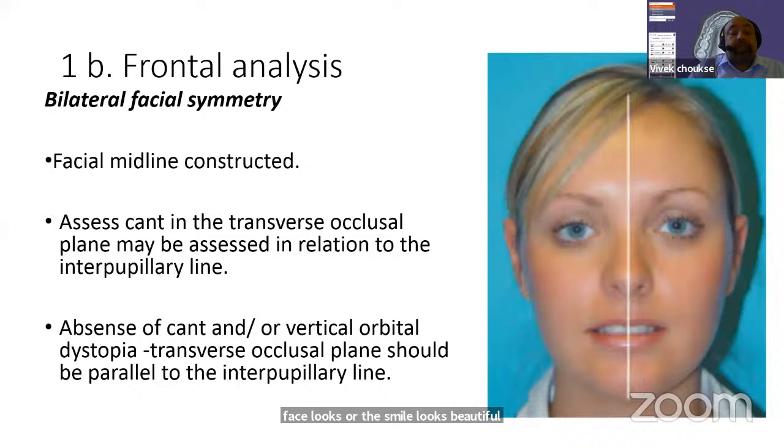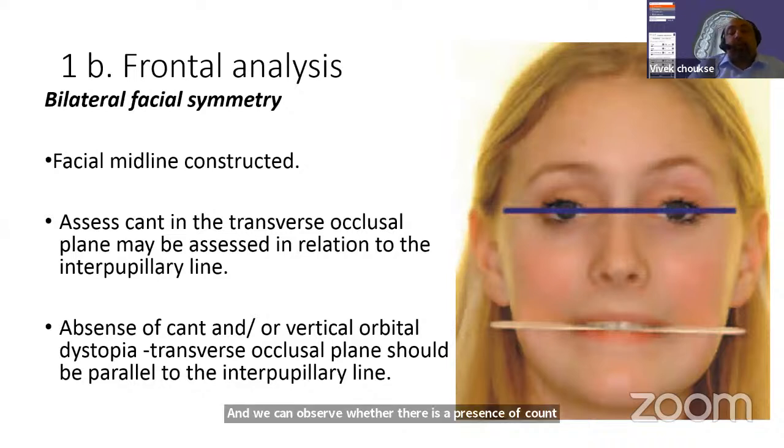We should also look at bilateral facial symmetry. Marking the midline, we can observe the facial symmetry, and once we mark the facial midline, we can also mark the occlusal plane and the interpupillary line, and observe whether there is a presence of cant or not.